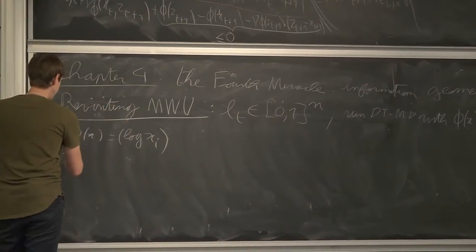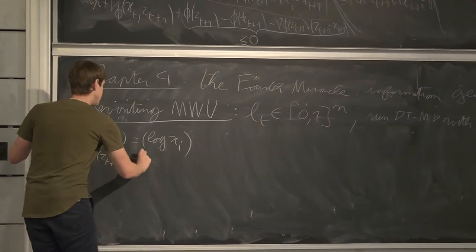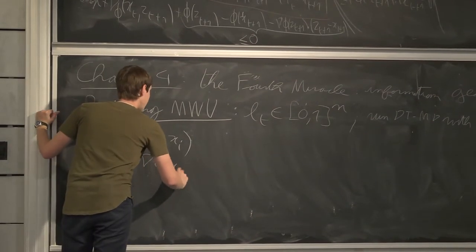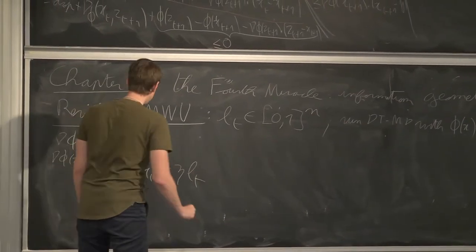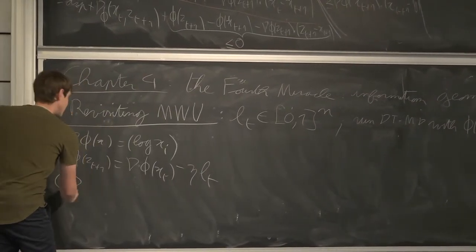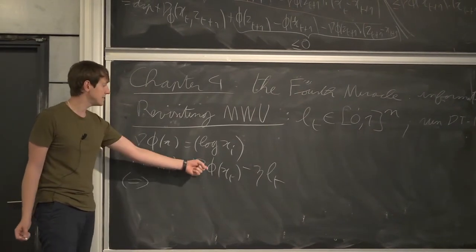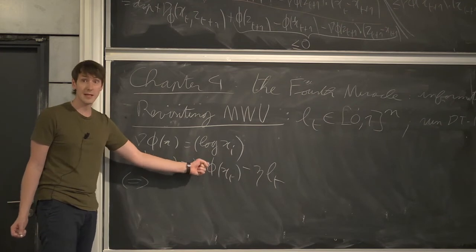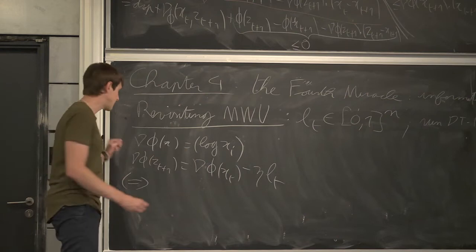So when I do the update, grad phi of zt plus 1 is equal to grad phi of xt minus eta lt. This is actually equivalent to saying that the log of zt plus 1 at any coordinate is equal to the log of xt at that coordinate minus eta lt at that coordinate. So when I take the exponential, what do I get?